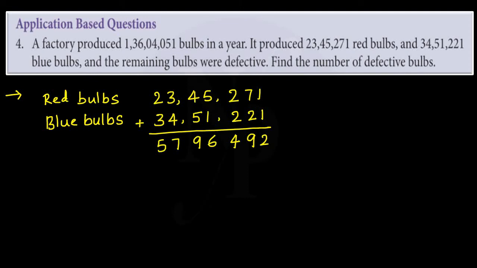And we have to subtract this number from the total number of bulbs produced to find the number of defective bulbs. Let us do it here. Let me write down the total number of bulbs.